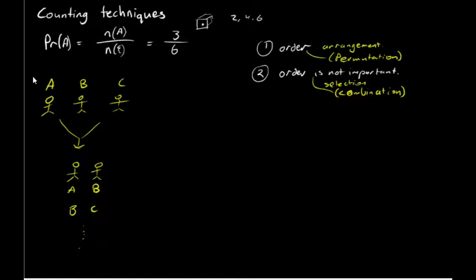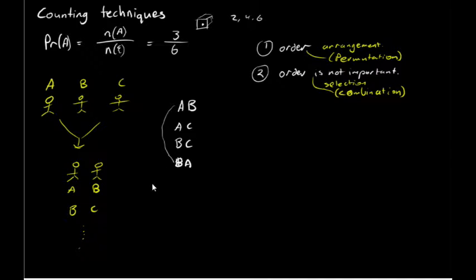Sometimes it's not so easy, especially with large samples, but for three, it's relatively straightforward. So just do it systematically: A and B, or A and C, or B and C. Or B and A. So note that those two are different.